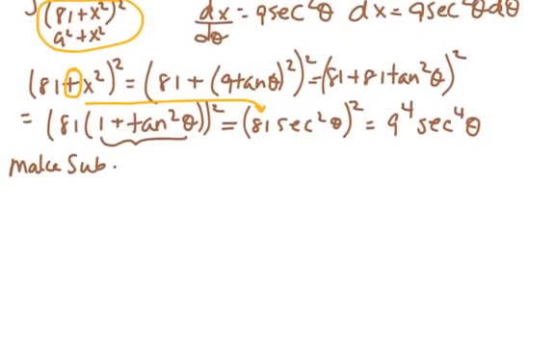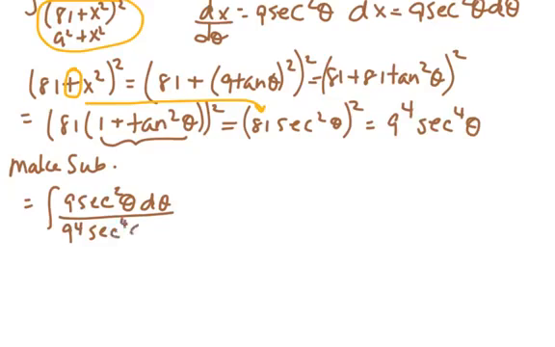So let's make those substitutions. On top for dx, I get 9 secant squared theta d theta. And on the bottom, I get 9 to the 4th secant to the 4th theta. So cleaning this algebraically and pulling things out, I am left with d theta on top.